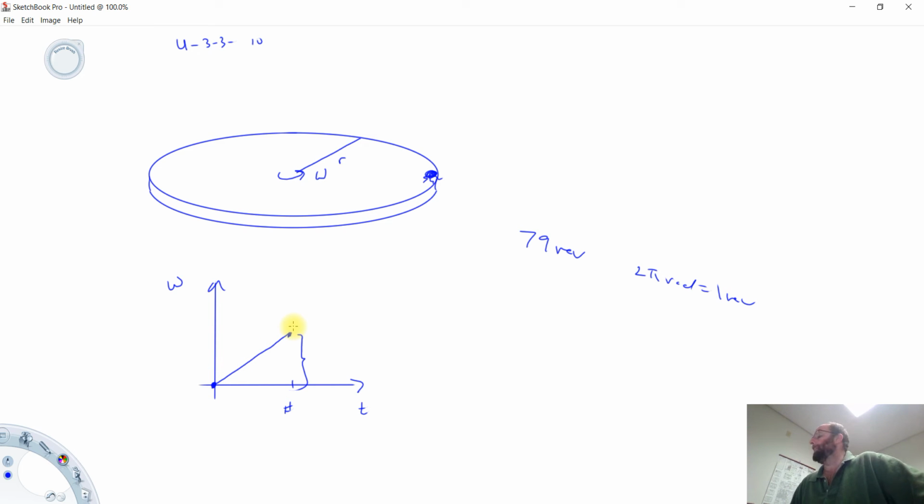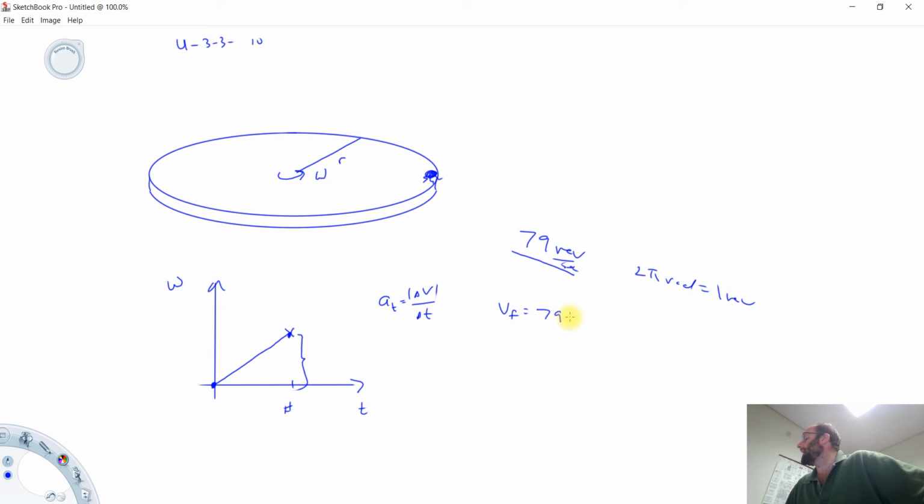Now, the part that says, what is the magnitude of the tangential acceleration? So your tangential acceleration is change in speed over change in time. So it's the change in the magnitude of your velocity. What you need to do is calculate the speed of that object here. And actually, this would have been just fine unit-wise for that, the 79 revolutions per second. So the final speed, let's put v final.